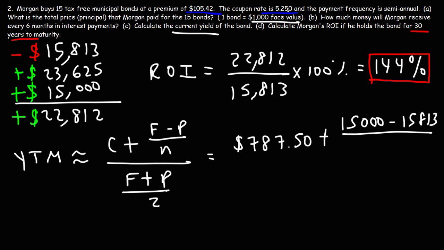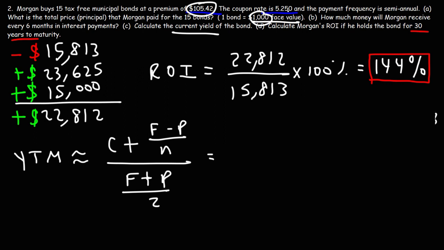Now, granted, you can do this using these values. So if you want to use smaller numbers instead of using these larger numbers, we can do this. So assuming the face value is 100 instead of 1,000, C is going to be $5.25 if the face value was $100.